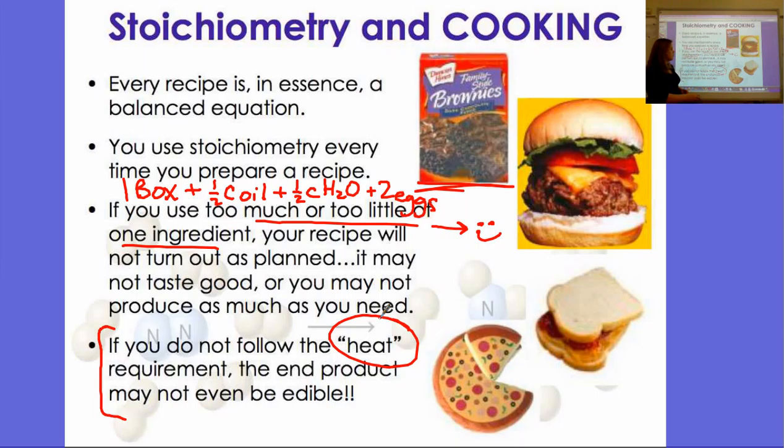It tells me, over the arrow, my conditions for which this reaction must occur. It may say 350 degrees for 25 minutes. If you don't follow all of these conditions, it's not going to taste right. If you don't heat it in the oven for 25 minutes, you're not going to get very yummy brownies.